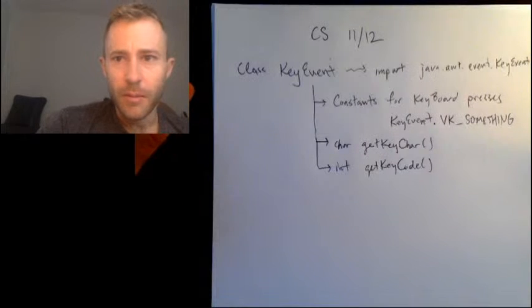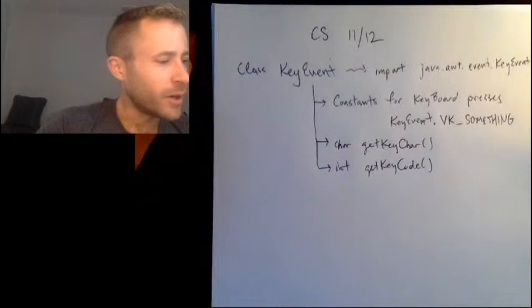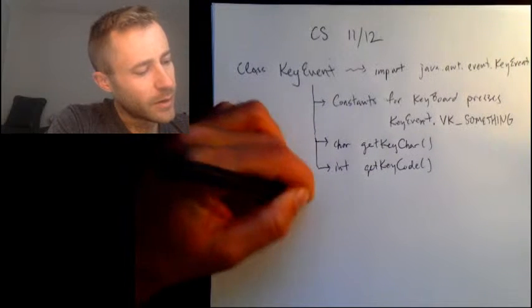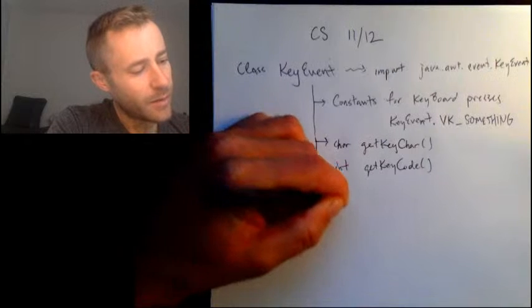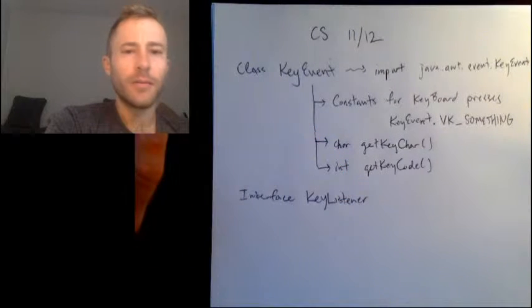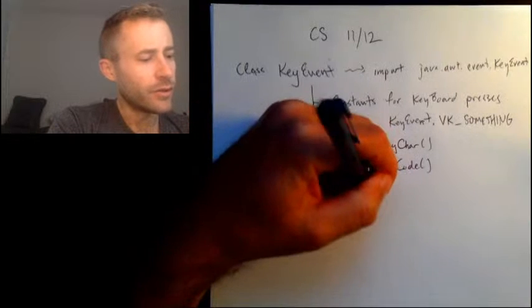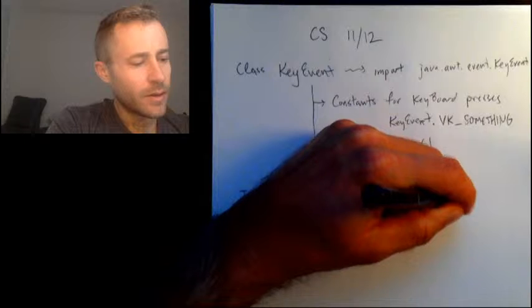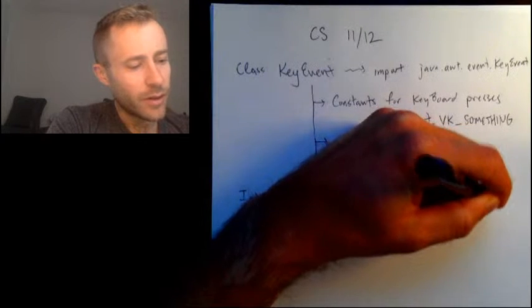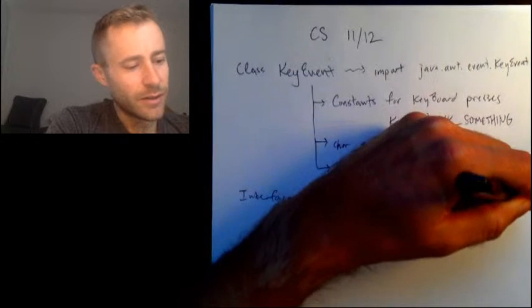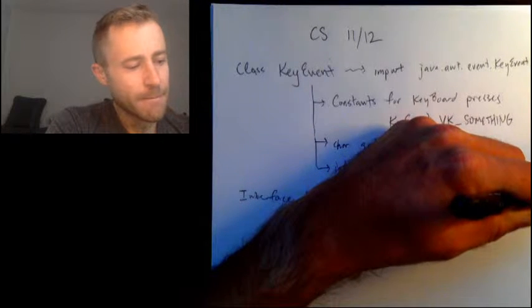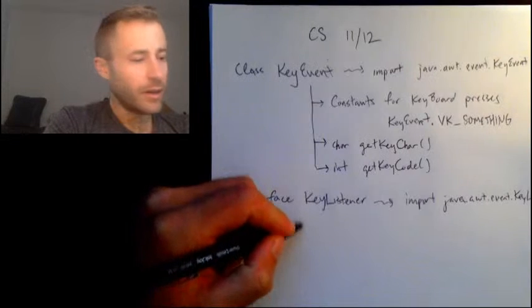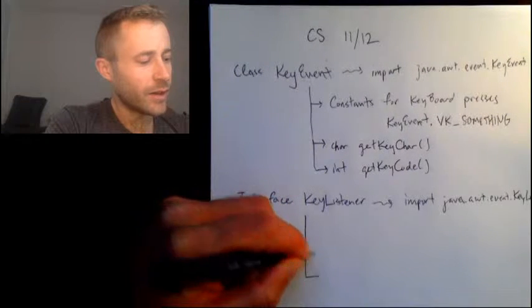Okay, and then we talked about the interface KeyListener, because you had to add a key listener. So to use the KeyListener, you import java.awt.event.KeyListener, and that was an interface, and you have to have 3 different methods in that.